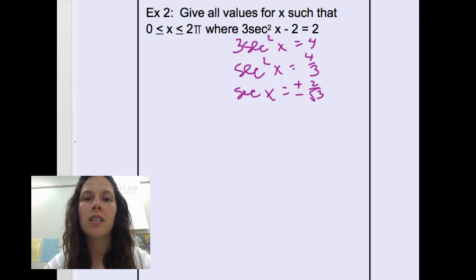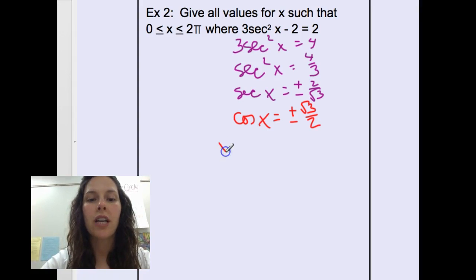Our unit circle is all in terms of sine, cosine, and tangent. So that's the functions that we want to think about when we're solving our equations. Secant is the reciprocal of cosine, so we're actually thinking about where cosine is positive or negative square root of 3 over 2. Again, cosine goes backwards, so it starts at 3, so that's the smallest angle.